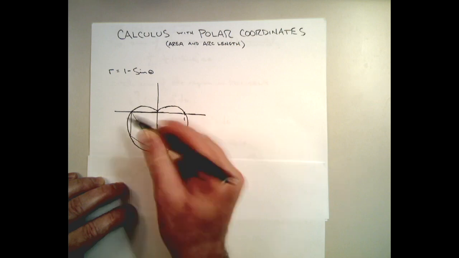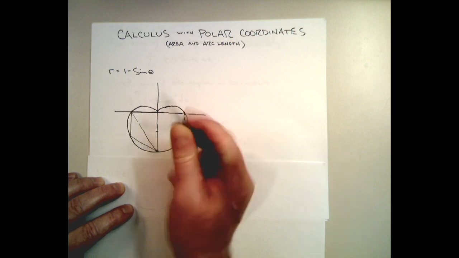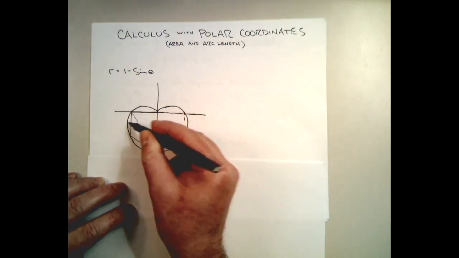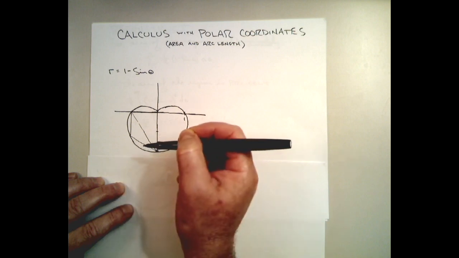And so a little more than 1 times 1 times 1/2. So this is going to be a little more than 1/2. By the time we put these two pieces on, we're probably going to be up to maybe about 3/4, let's say.